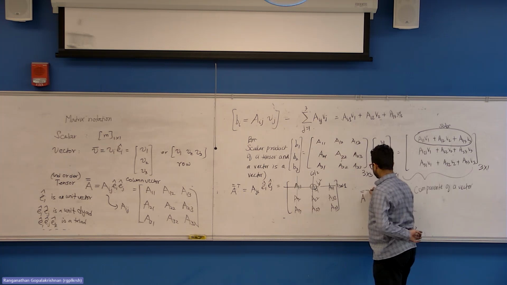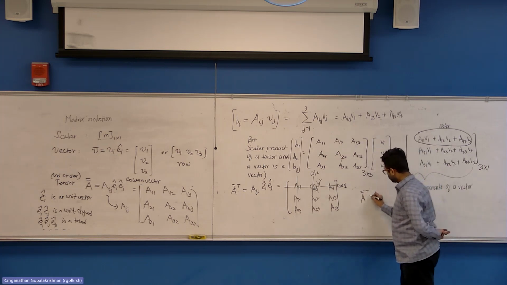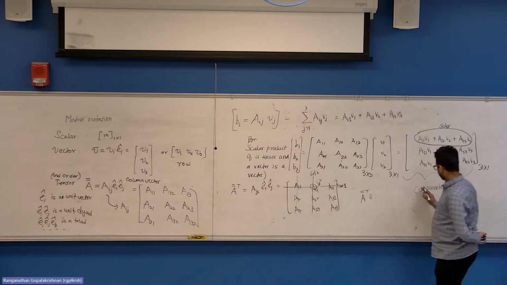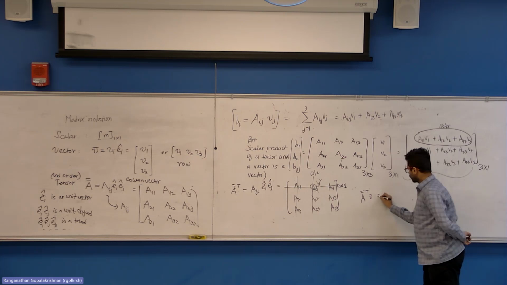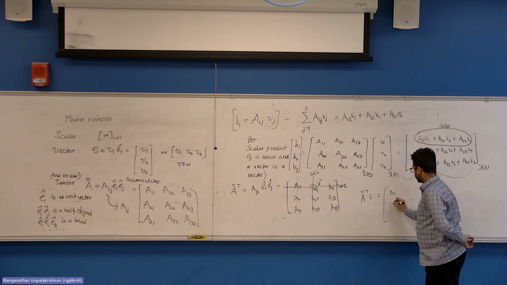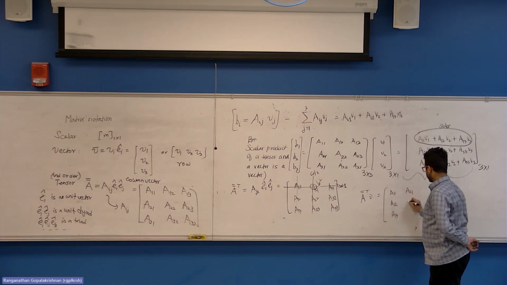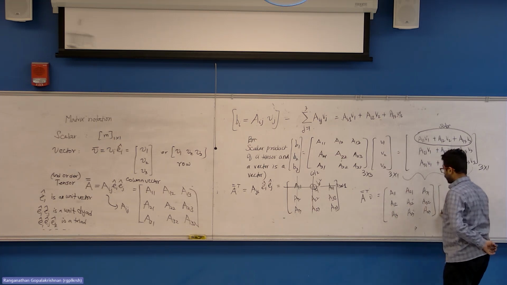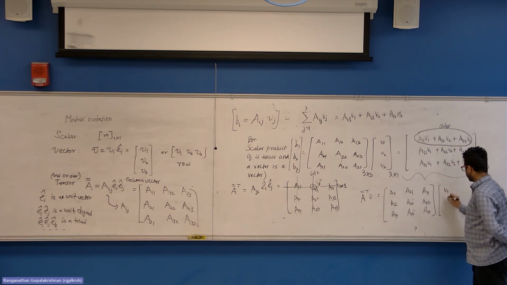So if I then calculate A transpose times V, that is if I write this matrix A11, 21, 31, 12, 22, 32, 13, 23, 33, multiplied by the vector V, which is still V1, V2, V3.